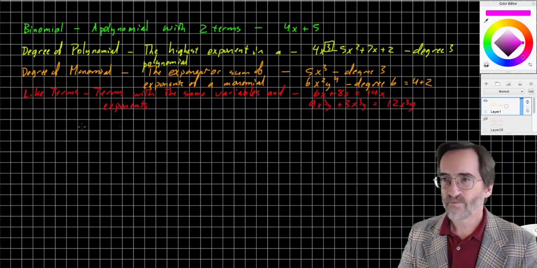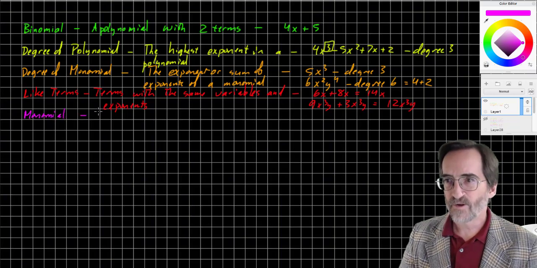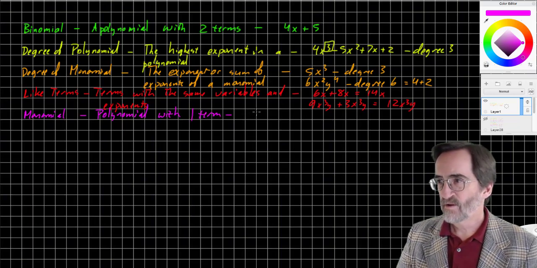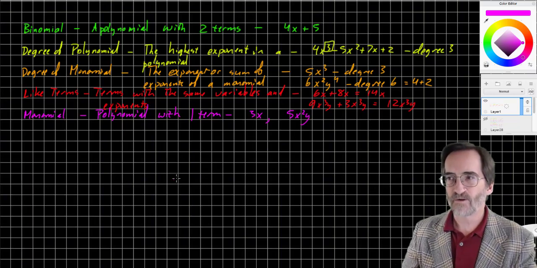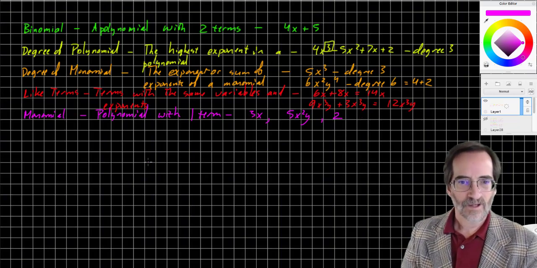Monomial. A polynomial with one term. 3x, or 5x squared y. Those are both monomials. 2 is a monomial.